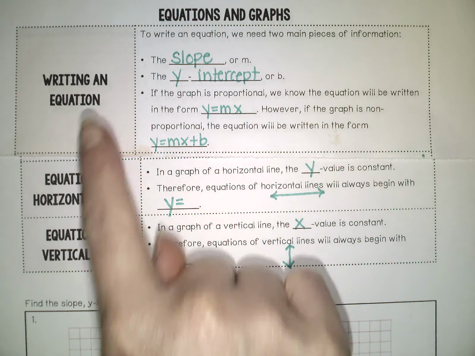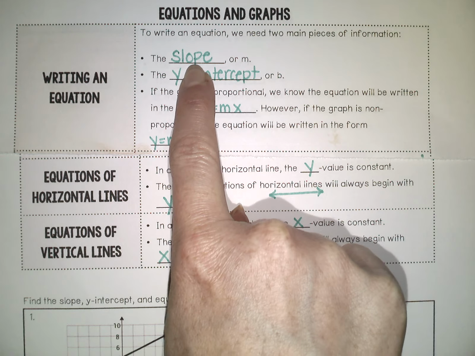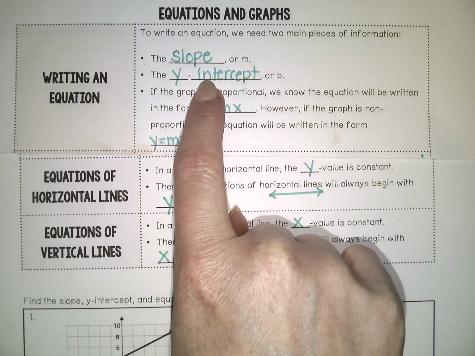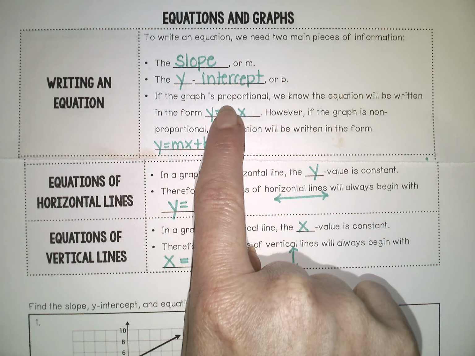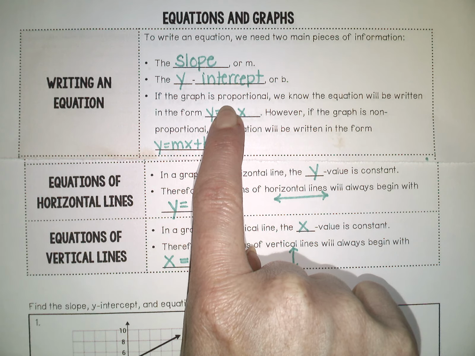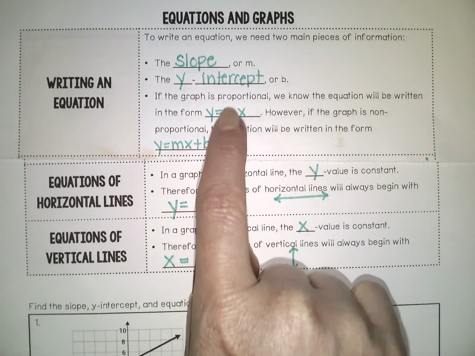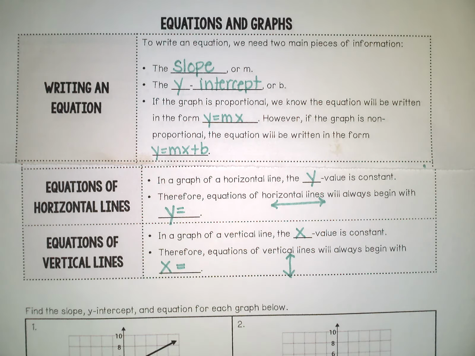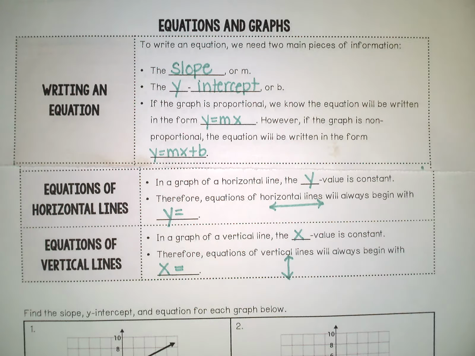When we write an equation, we need two pieces: slope, your m, and a y-intercept, your b. If the graph is proportional, we know the equation will be written in y = mx form, because if it's proportional, that means it's passing through the origin, and it's a straight line.